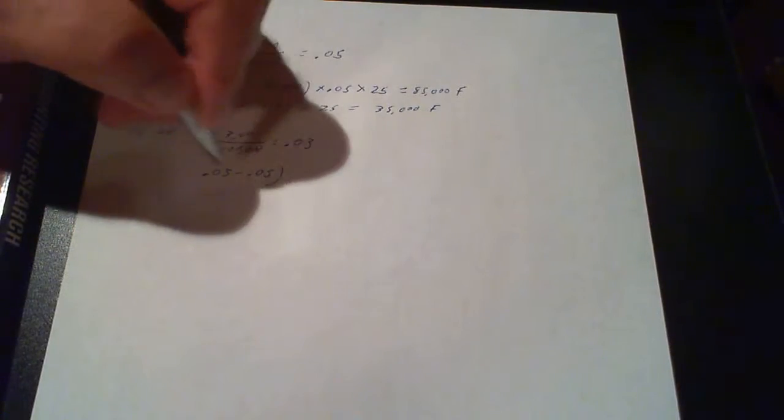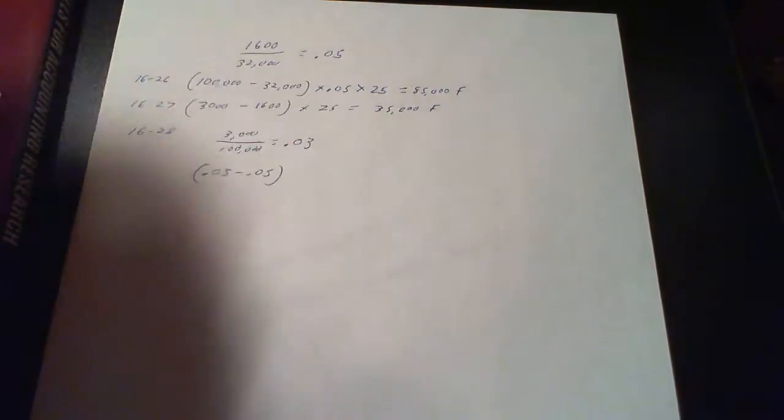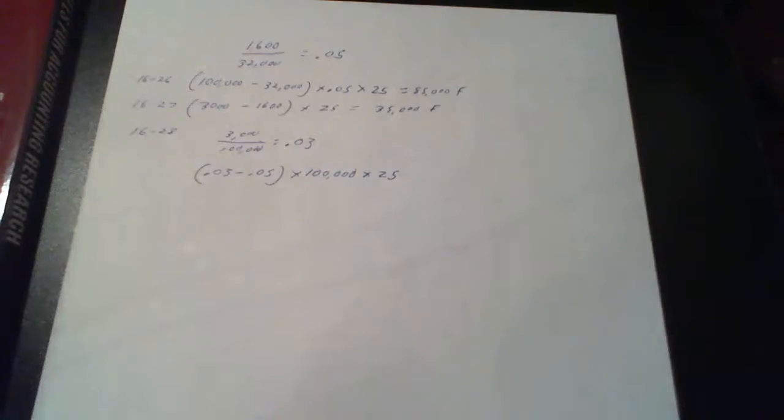And so now for the market share variance, we're going to take 0.03 minus 0.05, 3% minus 5%, times the total market, 100,000 units, that's what the actual total market was, times the contribution margin of $25.